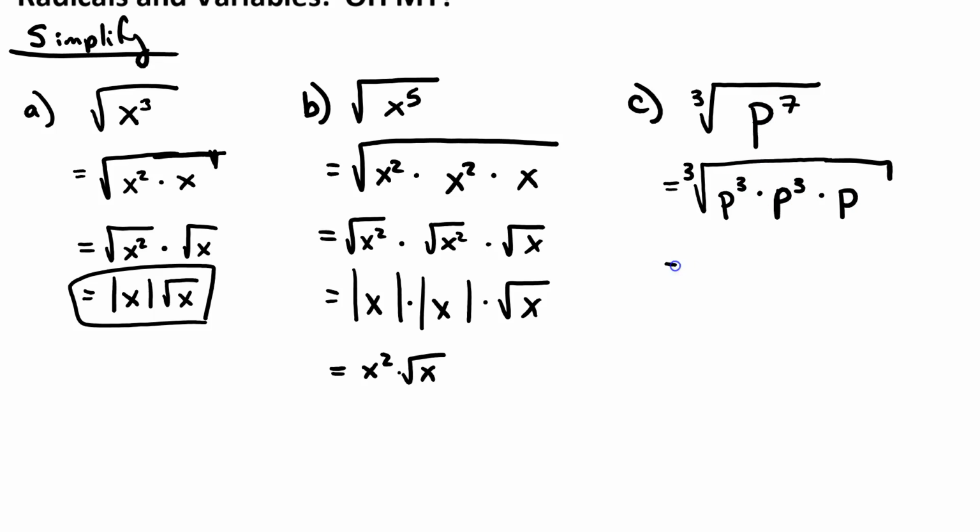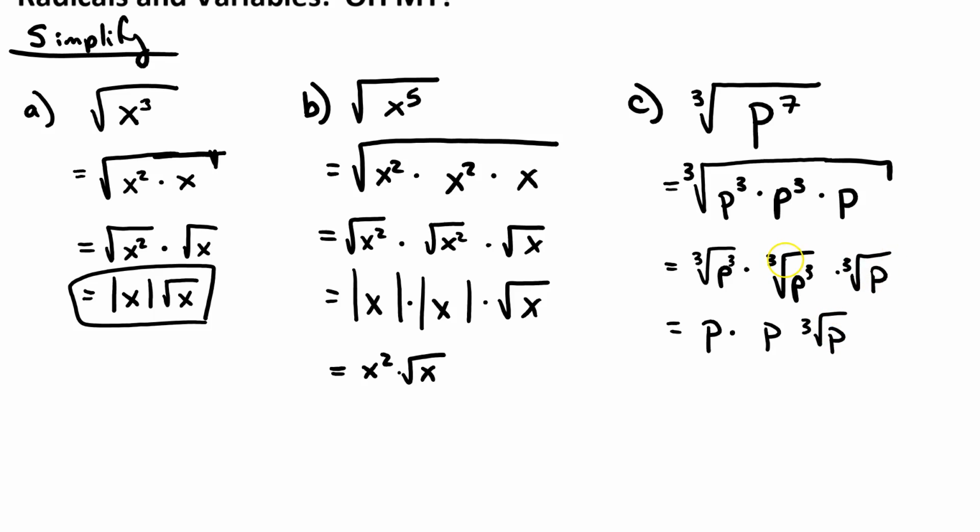So that is the cubed root of p to the 3 times the cubed root of p to the 3 times the cubed root of p. Well, I have here p, times this one right here, which is p, times the cubed root of p. I can't simplify this one down anymore.